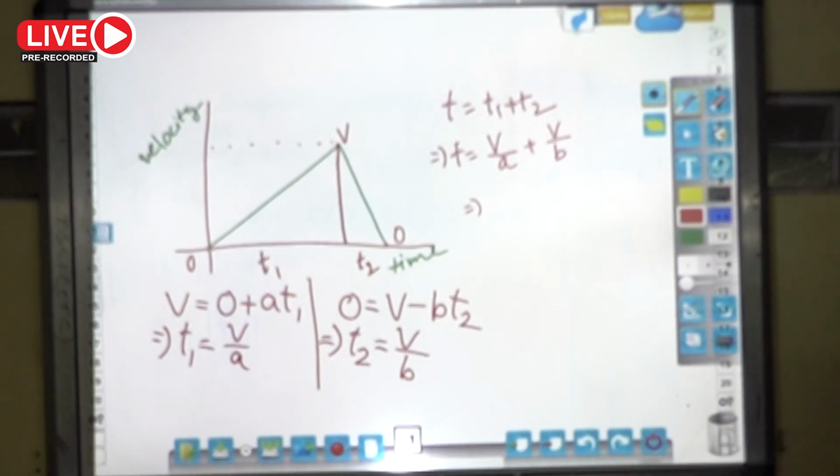Question number 19. A ball is dropped from a high-rise platform at t equal to 0.